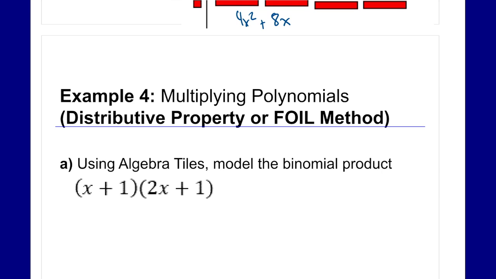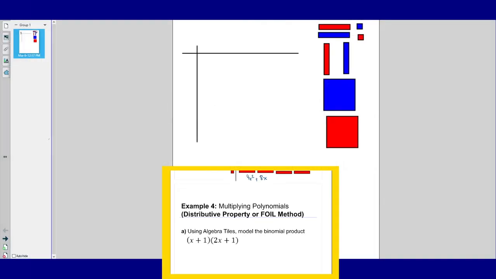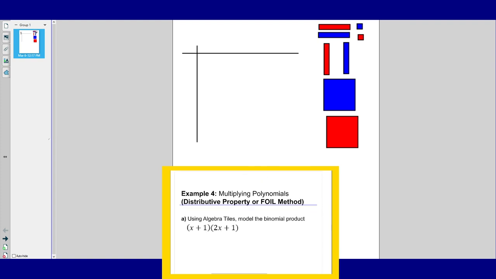So we have x plus 1 times 2x plus 1. So if we bring back our algebra tiles, x plus 1 is going to go on one side. So I'll have x plus 1, and we have 2x plus 1 on the other side.